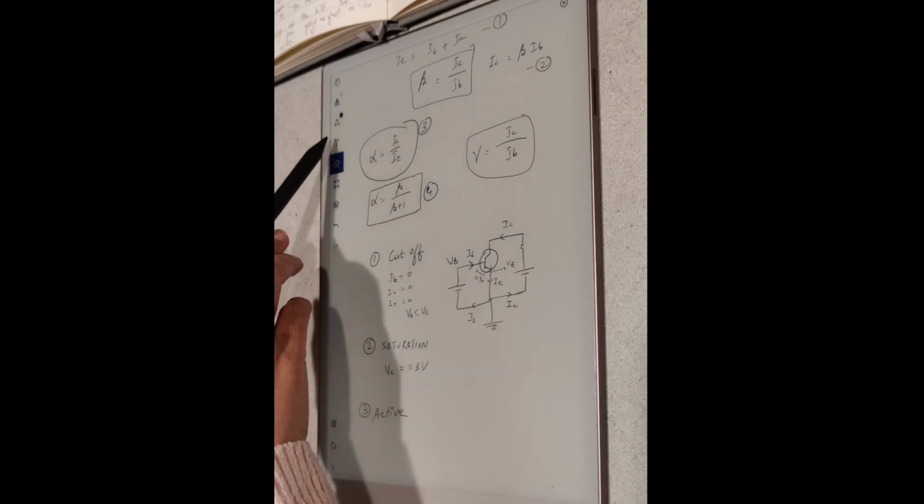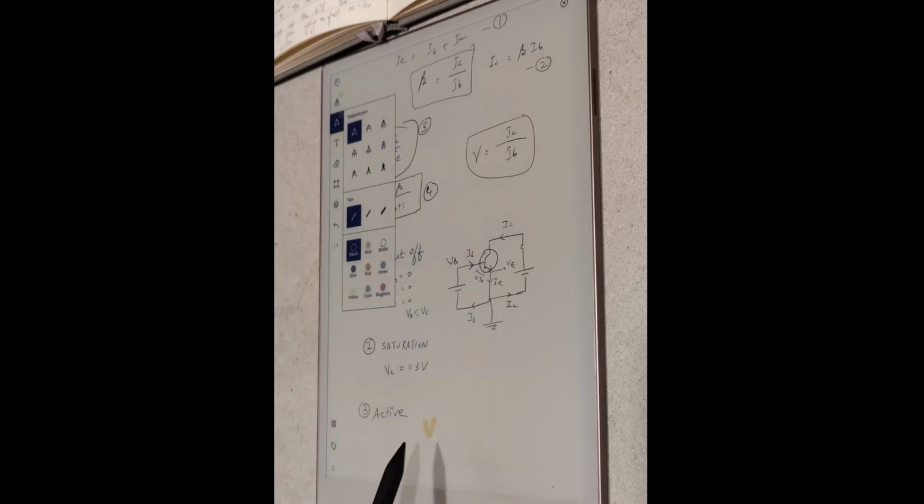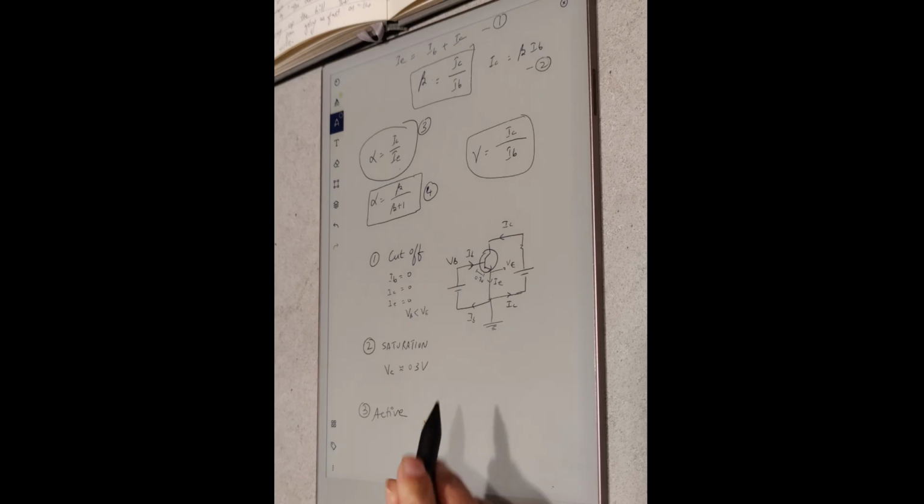The transistor has 3 modes of operation: we see cutoff, we see saturation, and we see active. During this active mode is when the current is flowing through the transistor, and specifically for the NPN in this mode, VC has to be bigger than VB, and this has to be bigger than VE.